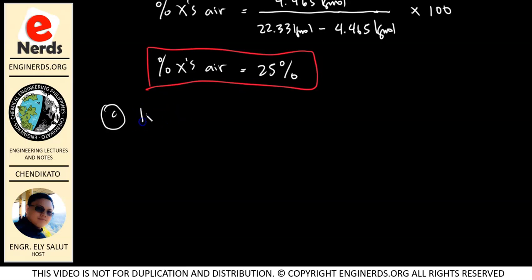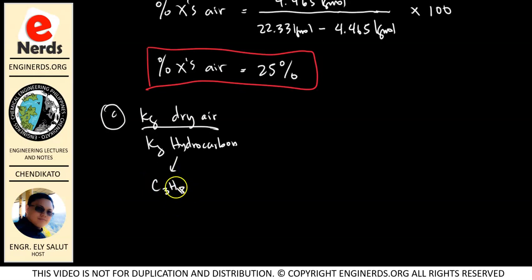So, we have kilogram of dry air over the kilogram of hydrocarbon. Okay, so don't forget our hydrocarbon is propane. So we have C3H8. Okay, so what is the weight of our air?